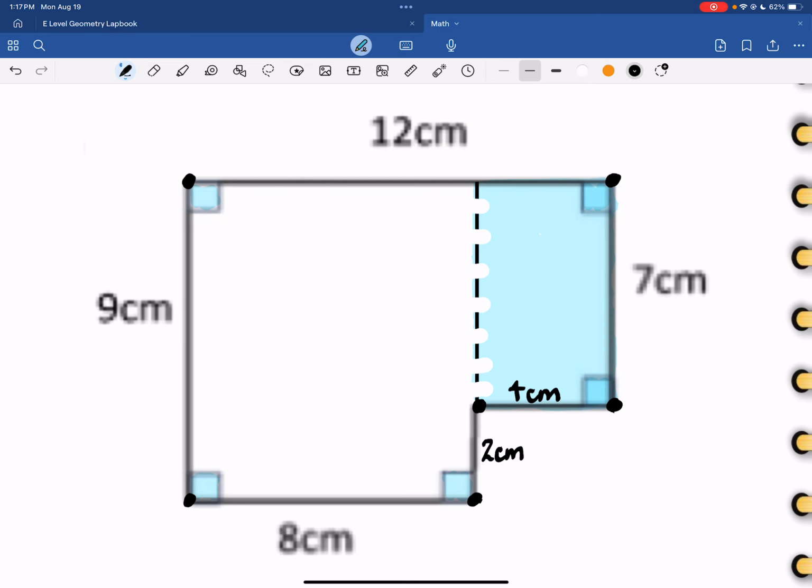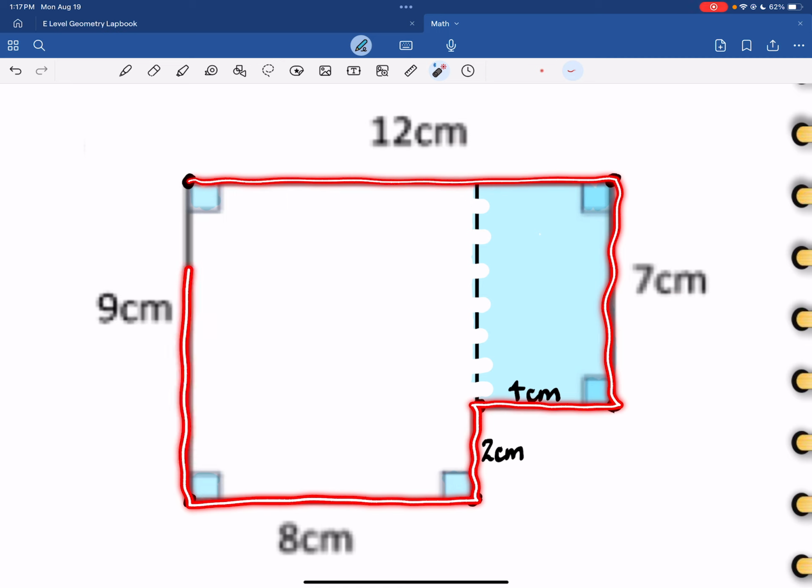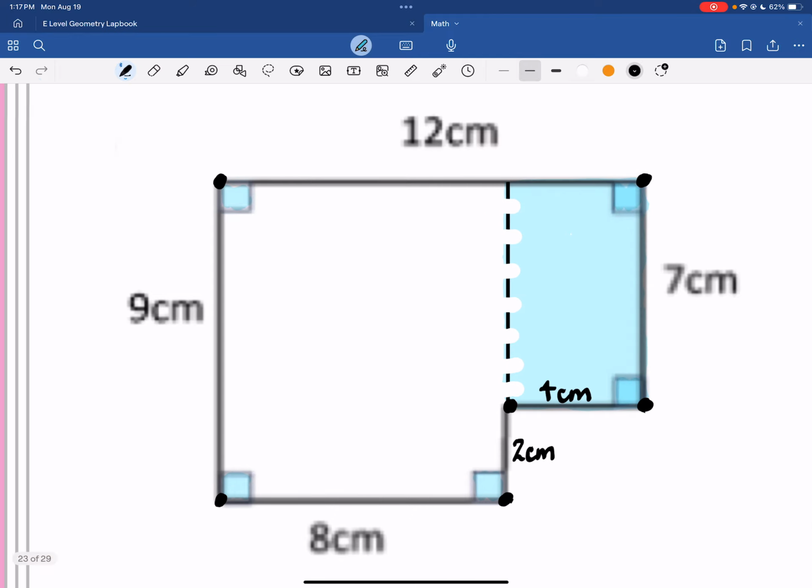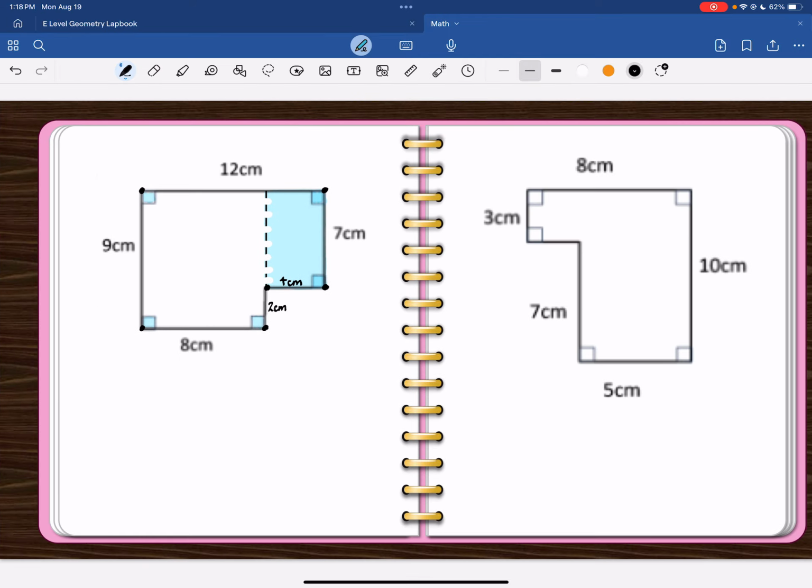And let's count our sides on this thing. We have 1, 2, 3, 4, 5, 6. This is a hexagon. So I'm looking for the perimeter of an irregular hexagon. So all I can do is add up the sides.